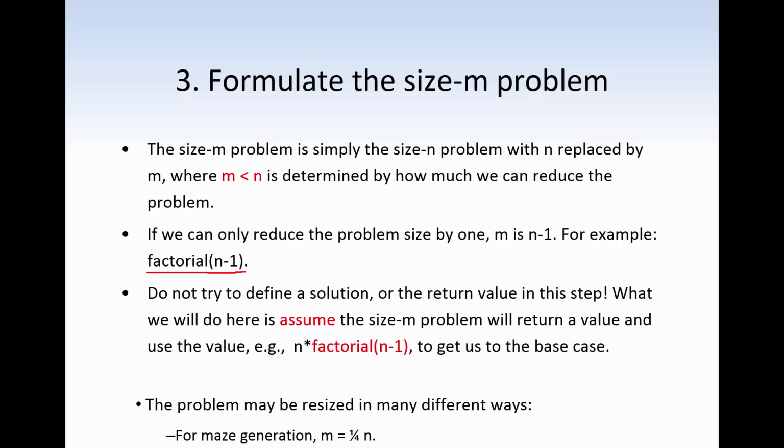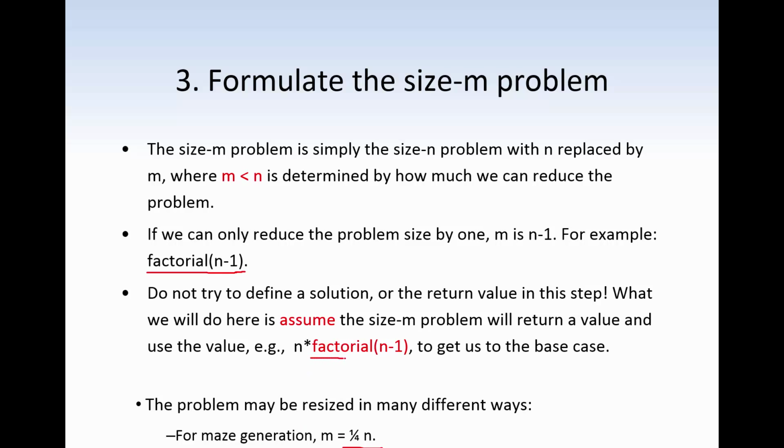That involves dividing a maze into 4 parts. So rather than the subproblem being n minus 1, the subproblem is more like n divided by 4, right? There are 4 mazes inside every full-size maze. So this can look a little different. The n minus 1 is specific to these easy examples, factorial or sum, where you're getting smaller by 1 each time.